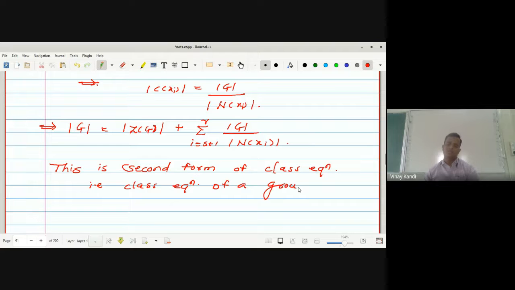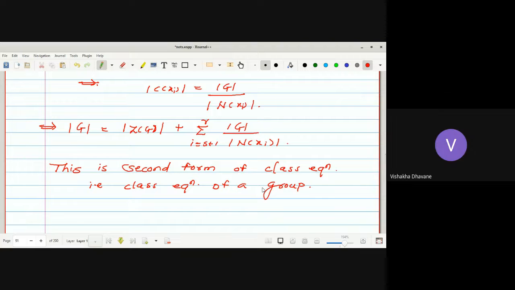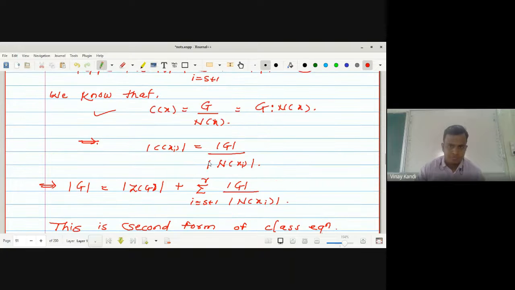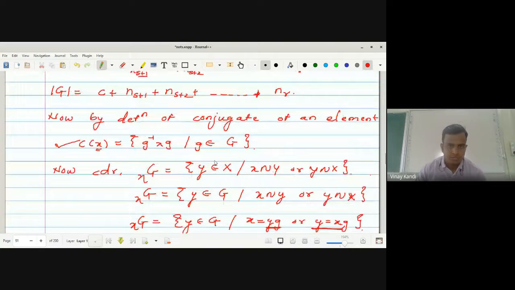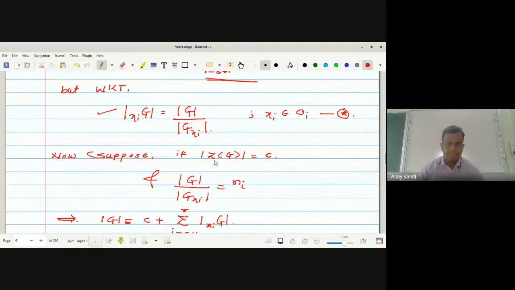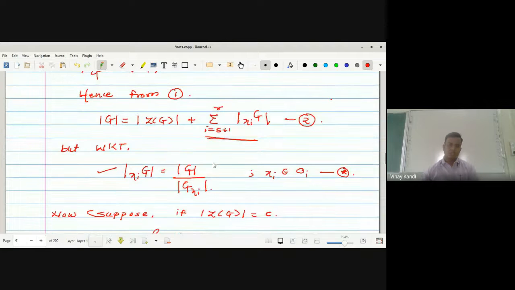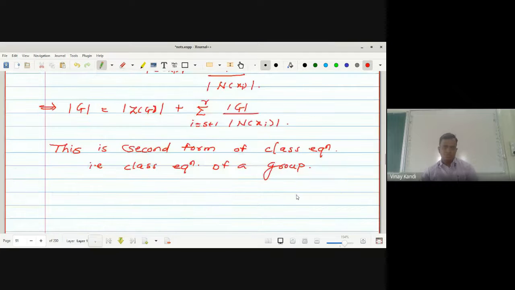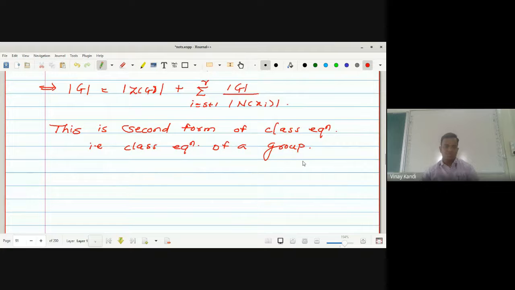Any doubt? No, sir. This is one method to define the second form of class equation, and another method is by the normalizer.